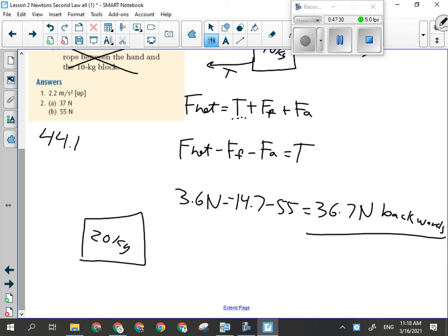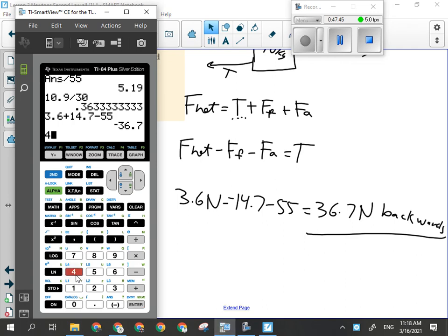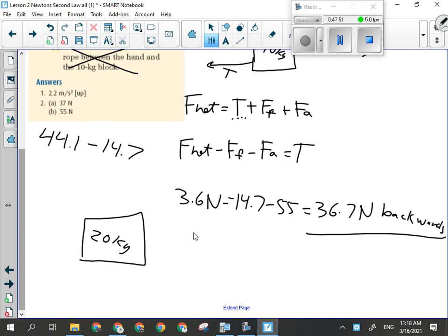Then in this question, they told me that 14.7 of that is acting on the 10 kilogram box, which means whatever's left is what's acting on the last box. Everybody okay with that? So 44.1 minus 14.7 is 29.4. On the 20 kilogram box, the force of friction is 29.4 newtons.